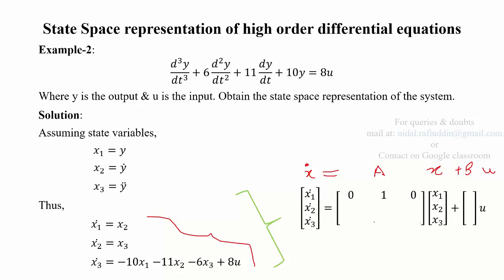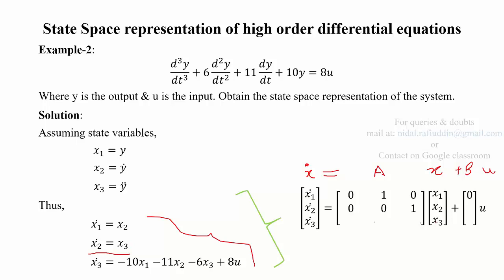Likewise, in the relation x2 dot equal to x3, you get 0, then again 0, then 1, which is multiplied by x3, and since you don't have any term of input in the second relation, this will also come out to be 0.